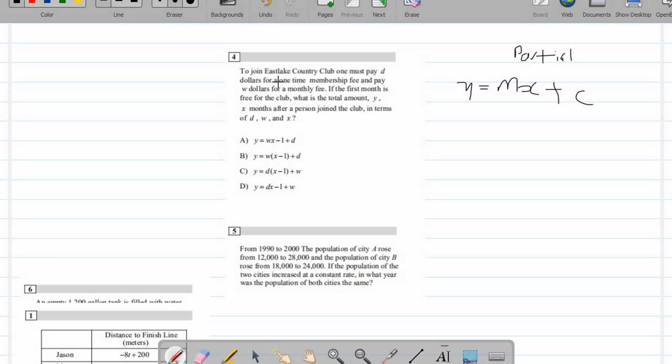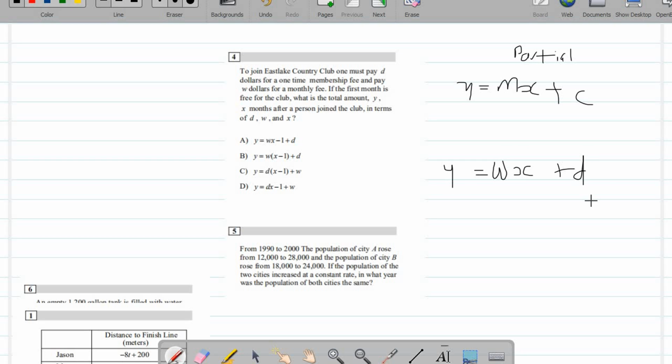Now let's see how we can apply that here. To join East Lake Country Club, one must pay D dollars for a one-time membership fee. That is the constant amount, which is D here. Then also, he'll pay W dollars for a monthly fee. So there's a monthly fee there, which he pays W. So X is the month, because you're going to multiply the monthly fee by X, and then you will know the total amount.